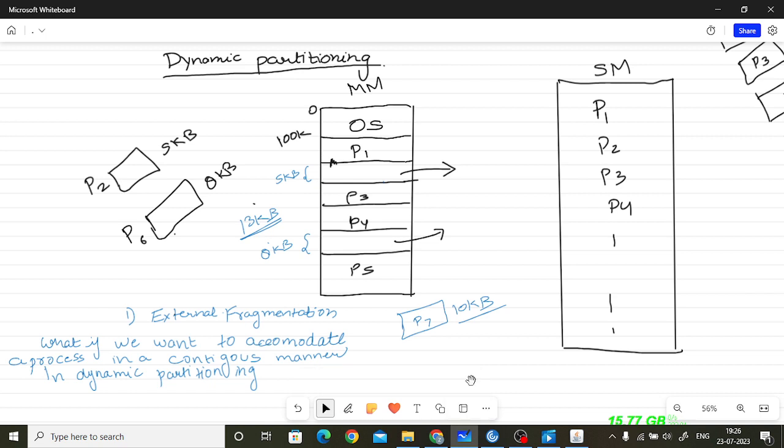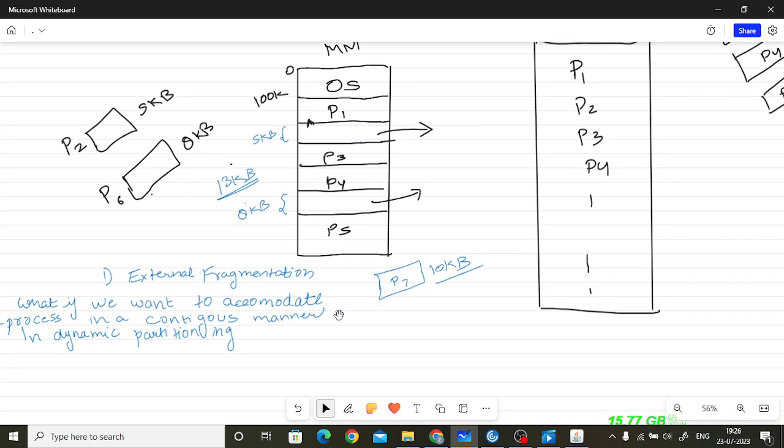So what we can do, is it possible to allocate a 10 KB process, a process size of 10 KB, into our main memory? Okay, yes, it is possible. It is possible by using the method of compaction. What is compaction?